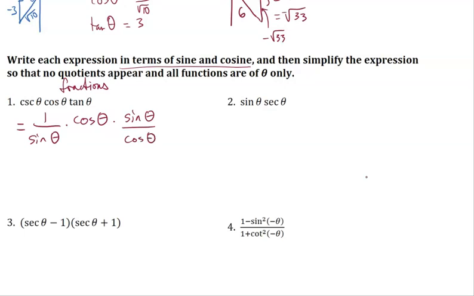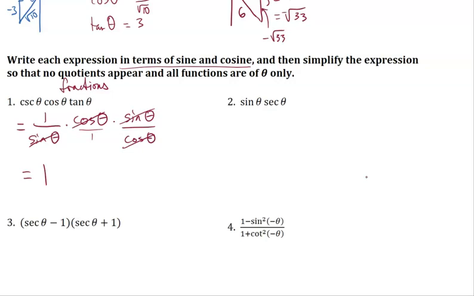Now, the thing about algebra is that any factor in a numerator can be reduced with any factor in a denominator if all of those are being multiplied together. Okay, so when I look at this, I see a cosine in the numerator and denominator. If you want to turn this into a fraction, just put it over 1. So I'm going to cancel out the cosines. Also, I have a sine in my numerator and denominator, so I'm getting rid of those, and I am left with 1. That reduces to 1.